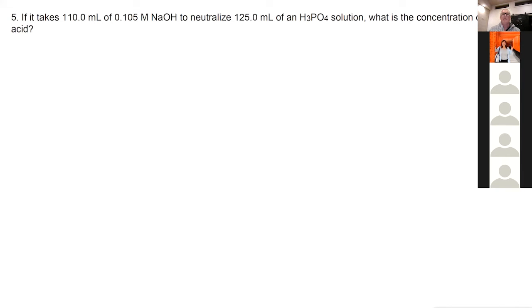So here we have an acid base question. What do we do when we have an acid base question? We can see what kind of reaction it is. It is a neutralization reaction. So when we have a neutralization reaction, what are our products?